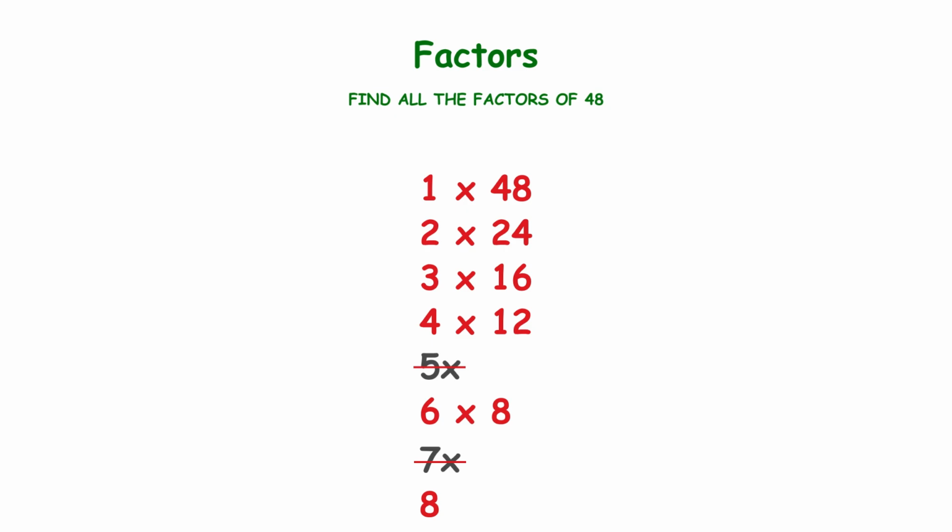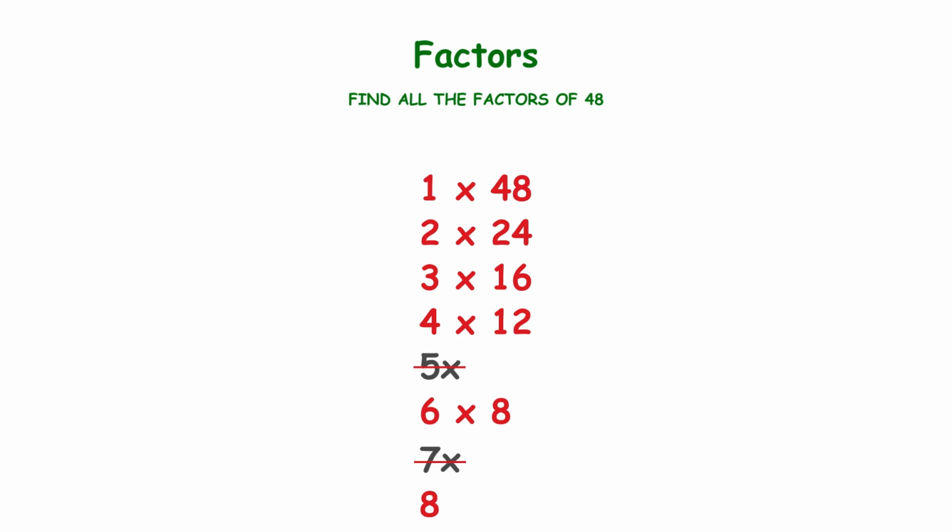Finding all factors, example, 48. If you want to quickly find all the factors of a number, the best thing to do is write out all the factor pairs, starting with 1 times the number itself. So, if we wanted to find all the factors of 48, we'd start with 1 times 48, then do 2 times whatever factor is needed to make 48, so 24, and so on with 3 times 16, 4 times 12. 5 doesn't go into 48, so isn't a factor.